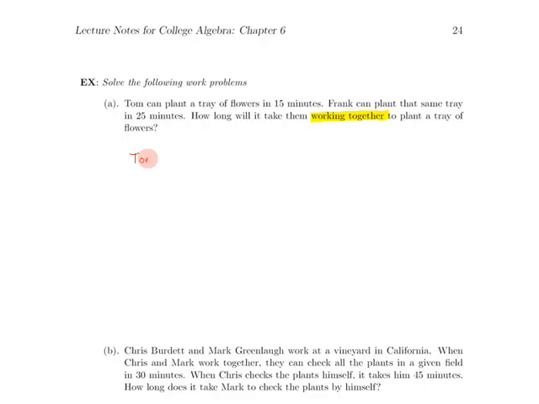Start by identifying your rows. That is, who are the people, what are the different parts working together. We have Tom and we have Frank. So, rate. How fast does Tom work? Not how long does it take Tom, but how fast does he work?